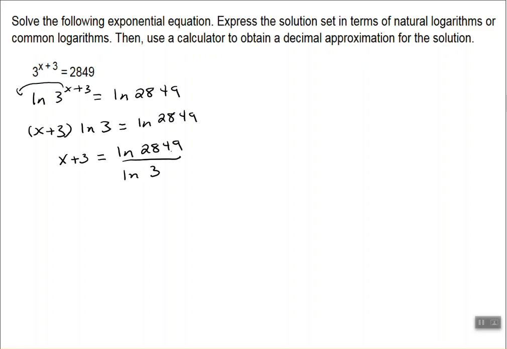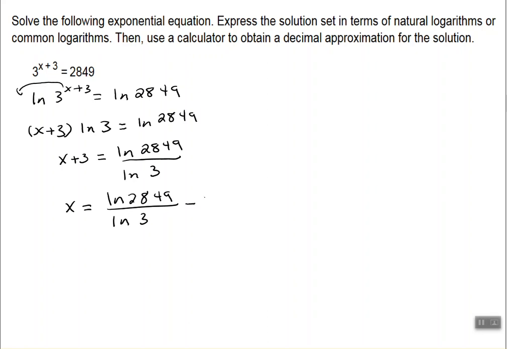And then the final step to solve for x, I have x plus 3, so I want to subtract 3 from both sides. And that would be our exact answer.